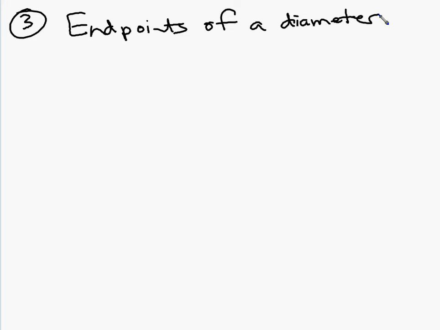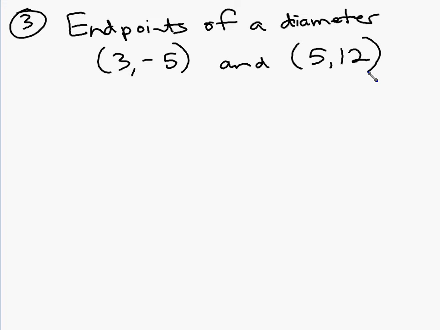And they give you 2 points: 3, negative 5, and 5, 12. Well, now I don't have anything, do I? We need to use the midpoint formula. Otherwise, we're not going to know how to find the center. So midpoint, okay, in case you forgot that one, that's why I'm here.